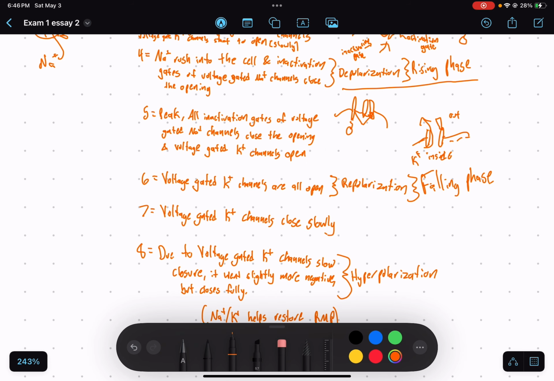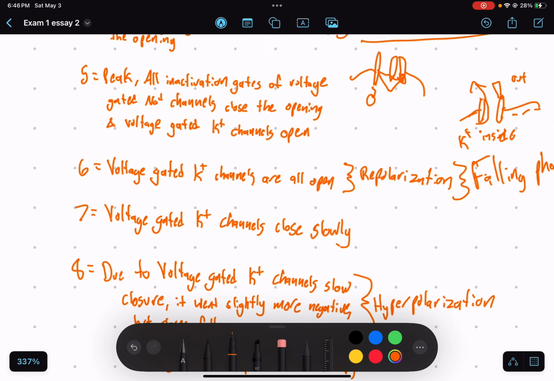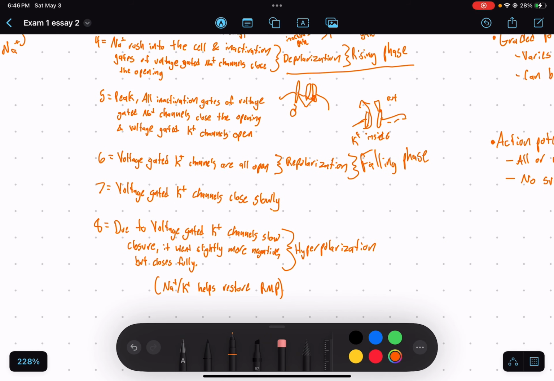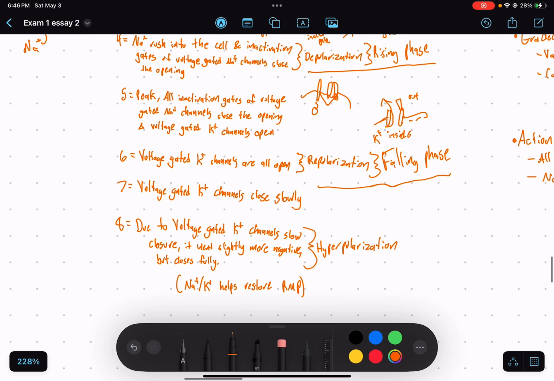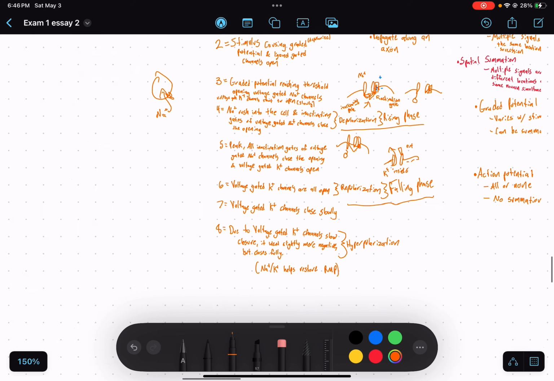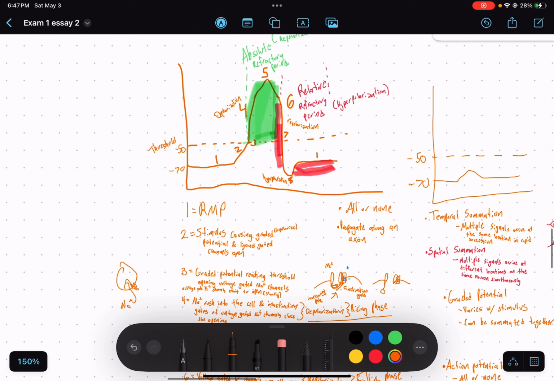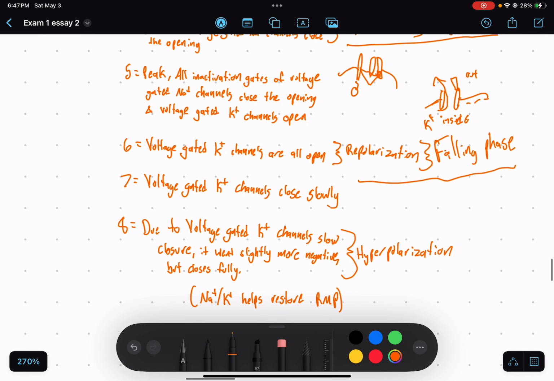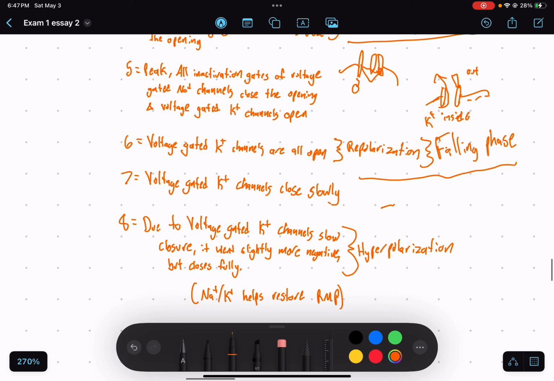At 6, all the voltage gated channels are all open, which is causing that repolarization or the falling phase, also known as. Once you get down far enough, you're going to reach the threshold again. Once it reaches that threshold, the voltage gated potassium channels close slowly, and due to its slow closing, it's going to cause it to actually go past RMP a little bit.